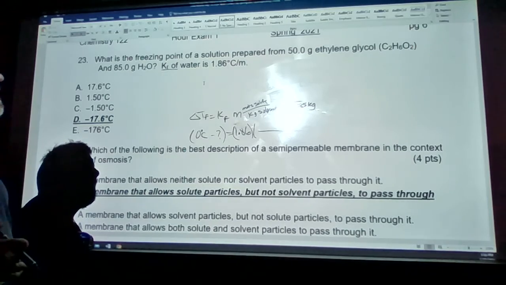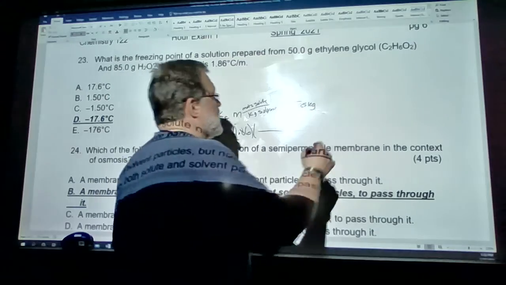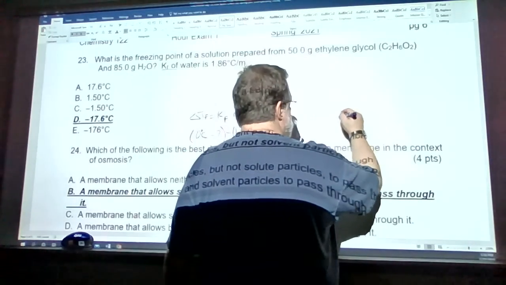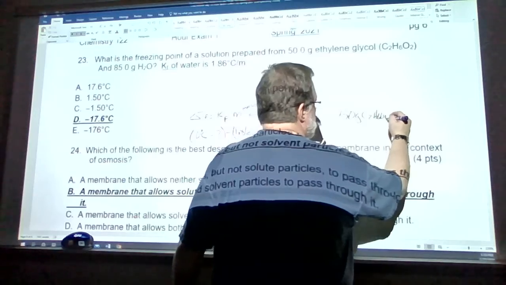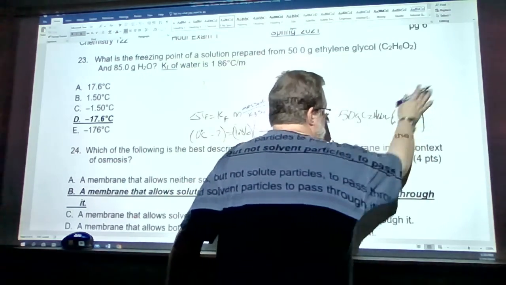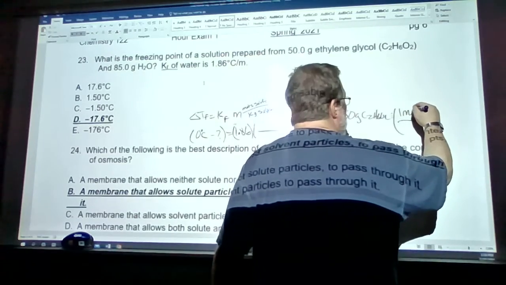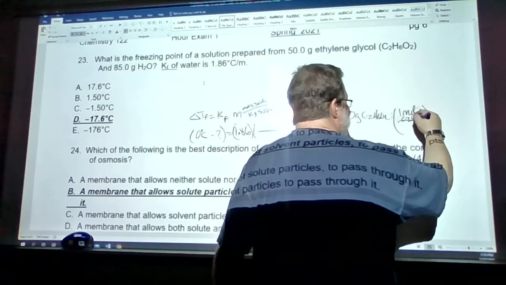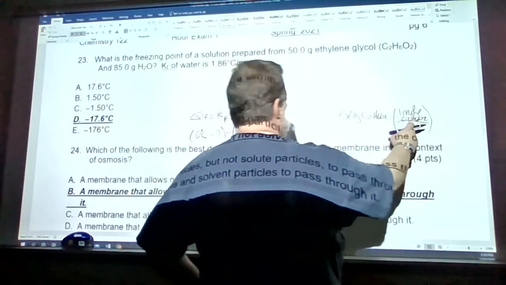Moles of solute: 50 grams of ethylene glycol, C2H6O2, times 1 mole C2H6O2 over the molar mass.